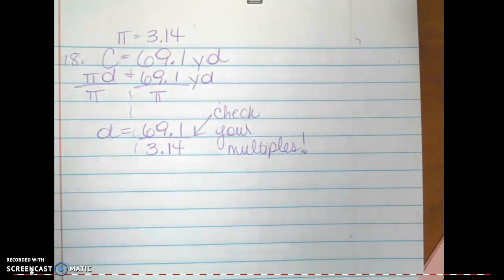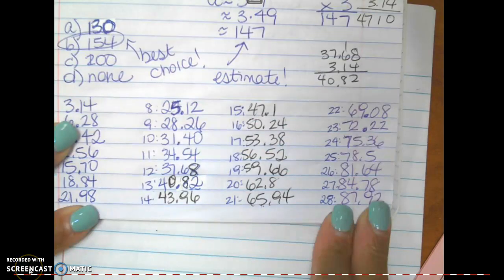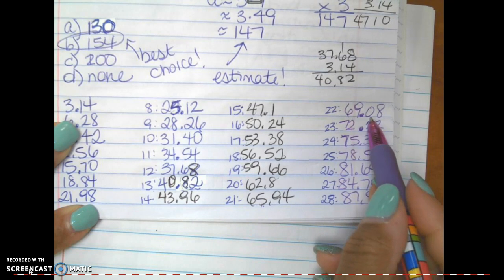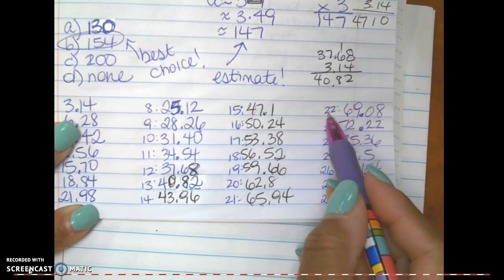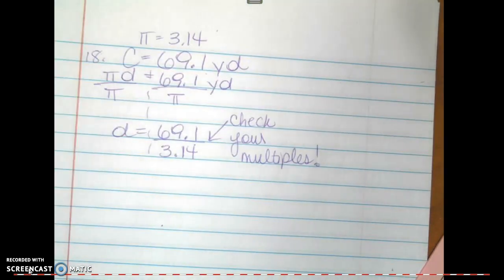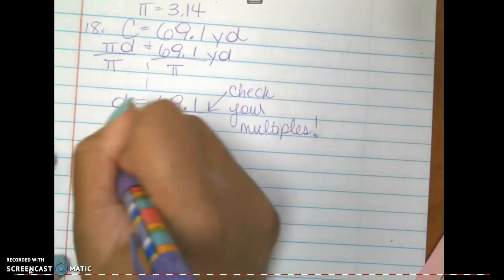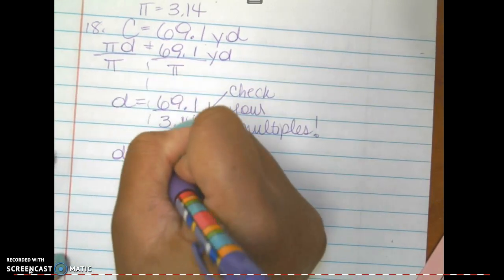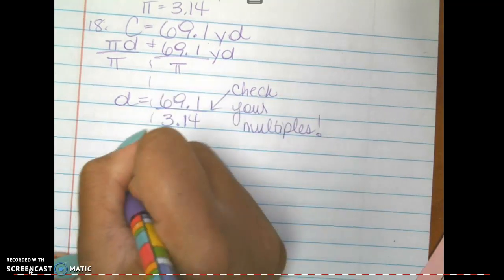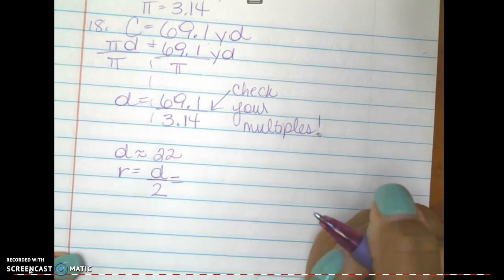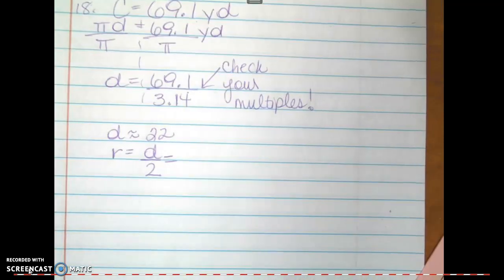And here are my multiples. This is the closest thing to 69.1. This is 69.08, which means it's going to be about 22. So I can go over here and say that D is approximately equal to 22. And then the radius is my diameter divided by 2, which you need to solve for yourself.